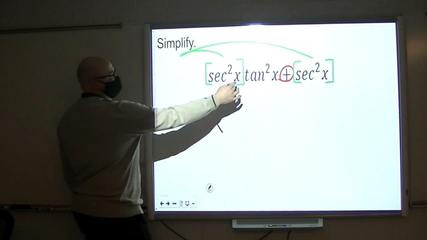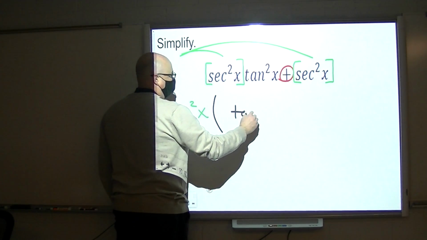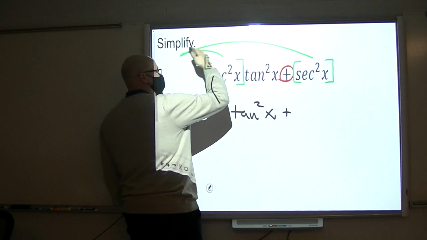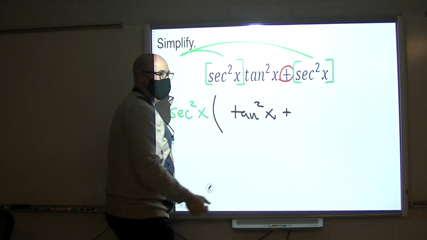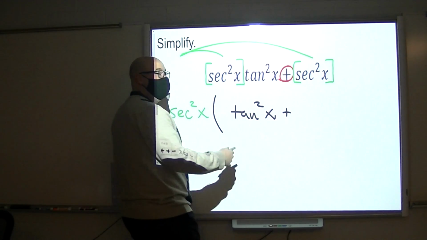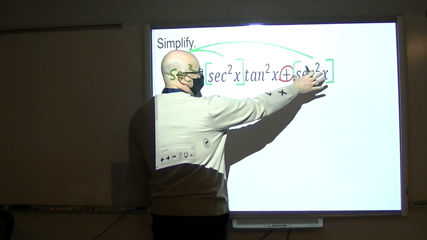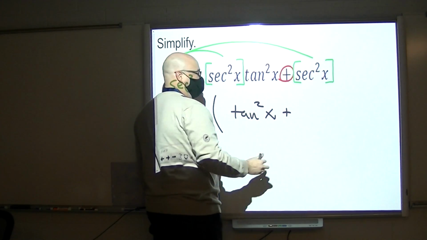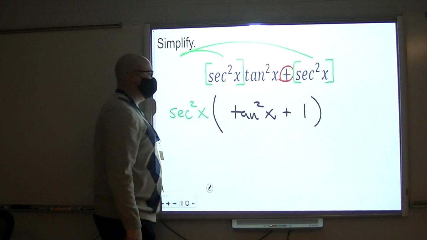That leaves us with a tangent squared x here, plus, when I factor secant squared out, I have to have something in its place. It doesn't just disappear. Factoring is division, so I'm dividing this by secant squared x. Secant squared x divided by secant squared x is 1.